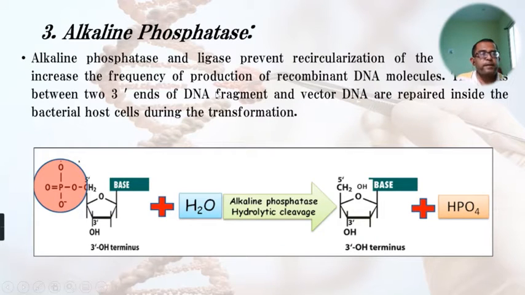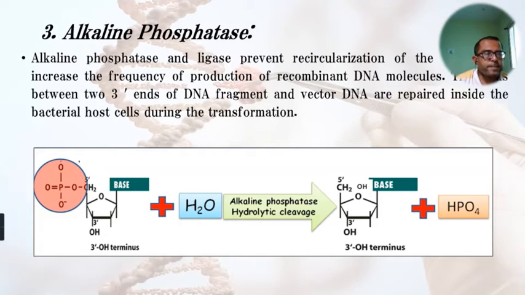So we are able to get the recombinant DNA molecule only by treating the plasmid fragments with this alkaline phosphatase enzyme. This enzyme removes the phosphate group only from the plasmid fragments, because we are only treating the plasmid fragments. We are not treating the DNA source with this alkaline phosphatase enzyme.